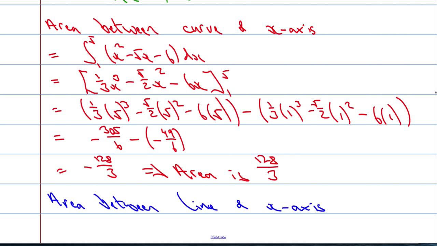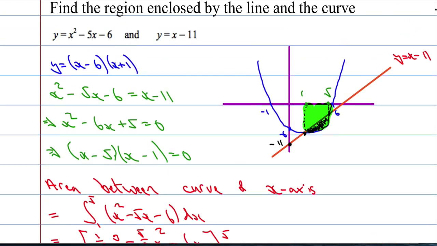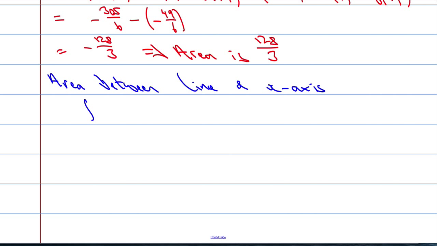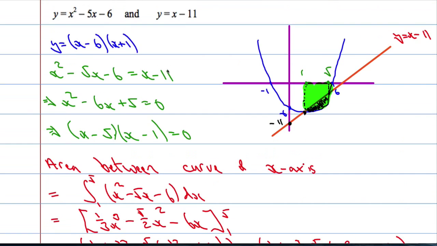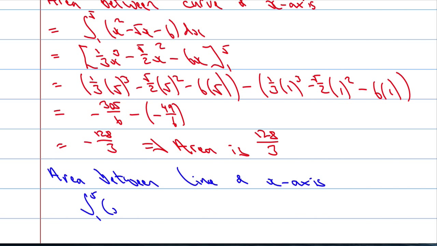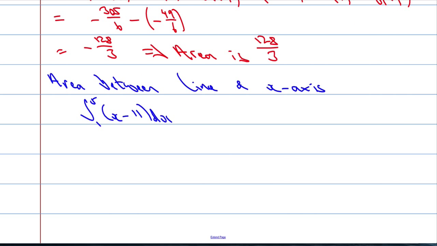Alright, so what we're going to need to do now is integrate the line, which is x minus 11. So we're going to integrate between 1 and 5, double check, it is 1 and 5, of x minus 11 with respect to x, which will equal a half x squared minus 11x, evaluating between 1 and 5.